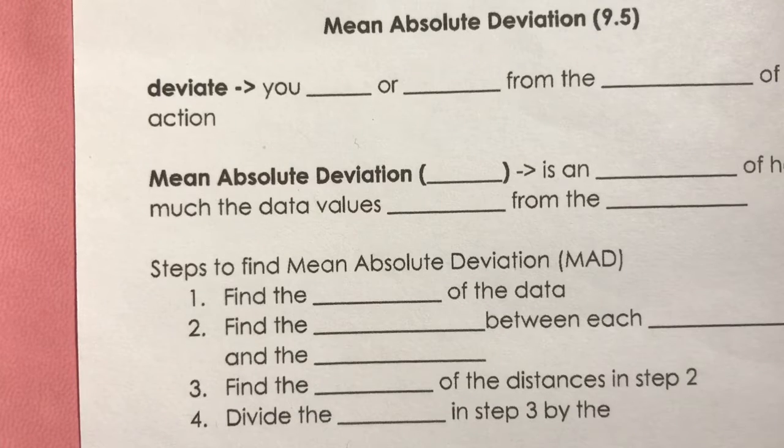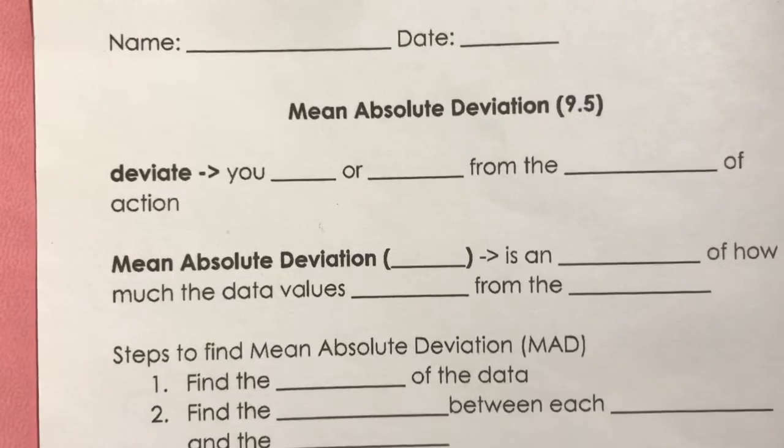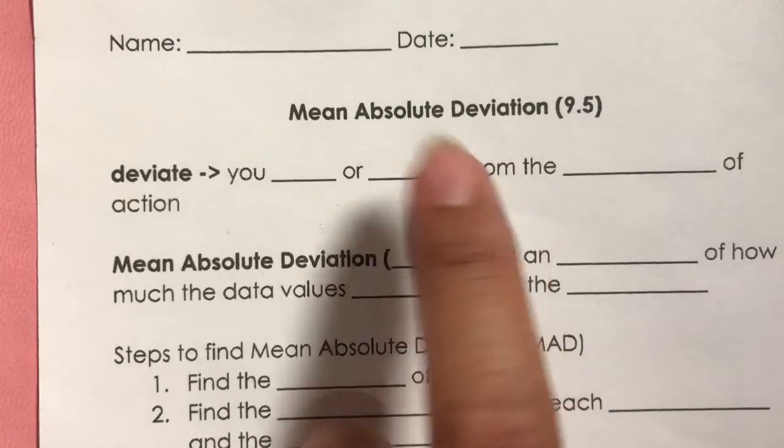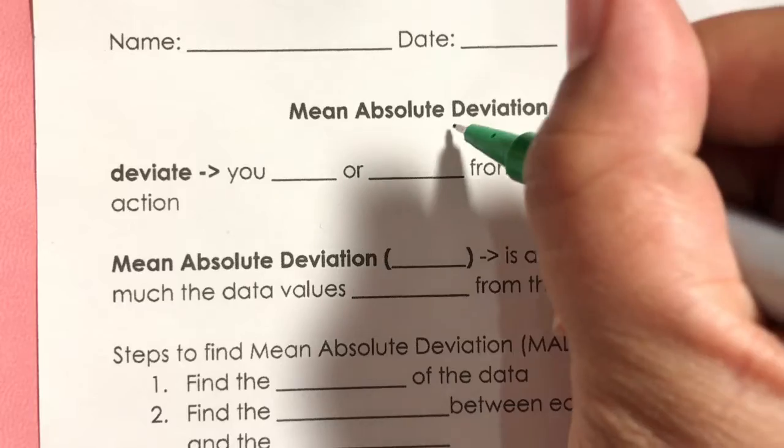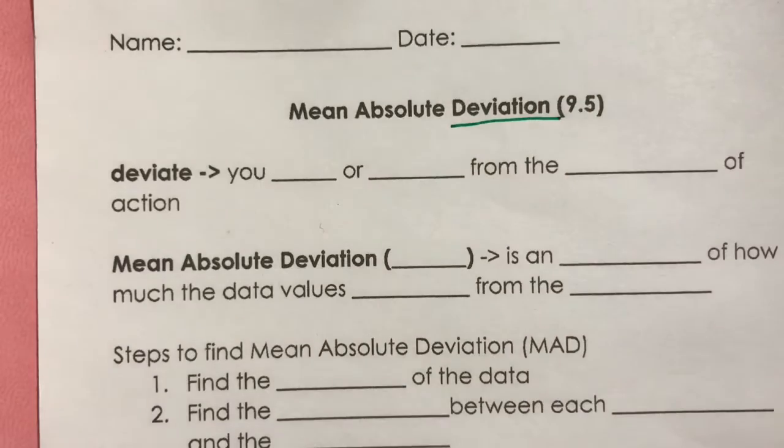Alright, hello everyone. So today we're going to be doing notes on mean absolute deviation. Before we dive into what it means to find the mean absolute deviation, I want us to look at the word deviation so that we have a better understanding of what we're actually trying to find.